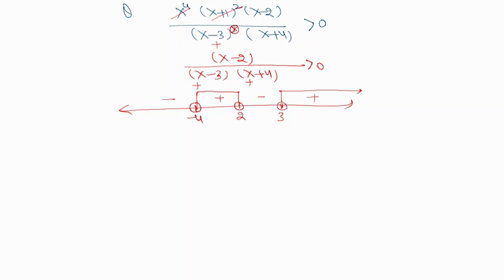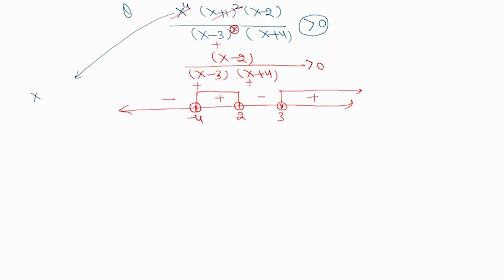Now with rule number 1 comes rule number 2, because this question doesn't have an equality sign. Rule number 2 says roots of the expressions which we have removed in rule number 1 need to be removed from the final solution if they are included in the solution. What have we removed in rule number 1?